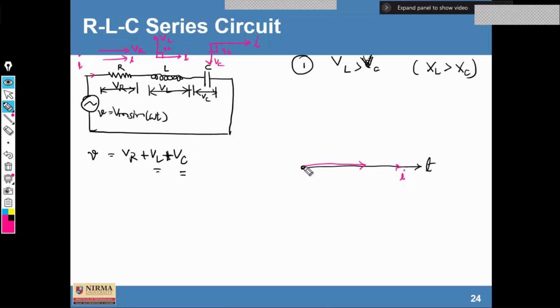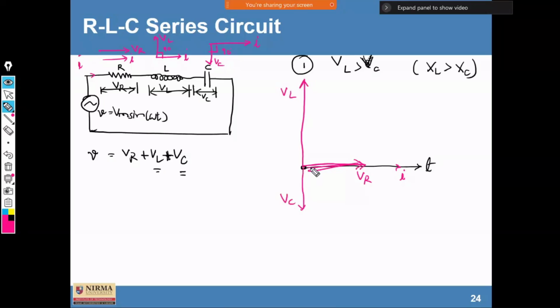And we can represent this vector as VR. What about VL? VL is a leading quantity compared to I, so we can draw VL here. Similarly, we can draw VC, because here it is 90 degrees, and here it is also 90 degrees.